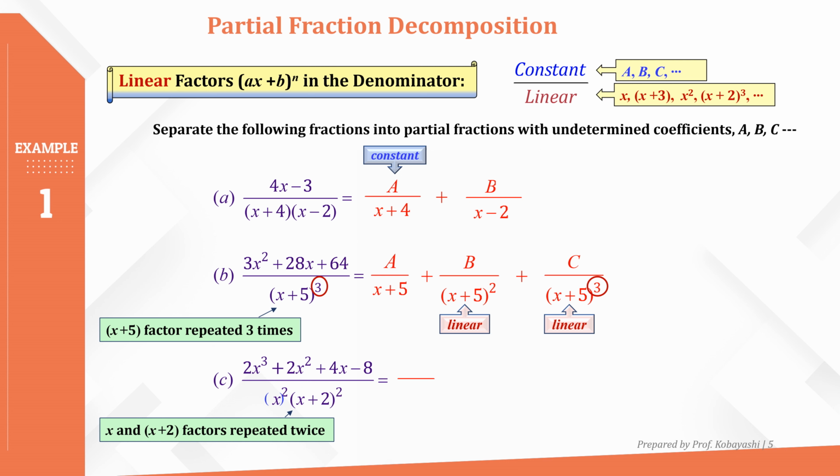So we need 2 partial fractions for each factor. Constant A over x plus B over x squared plus C over x plus 2 and D over bracket x plus 2 squared for the last one.